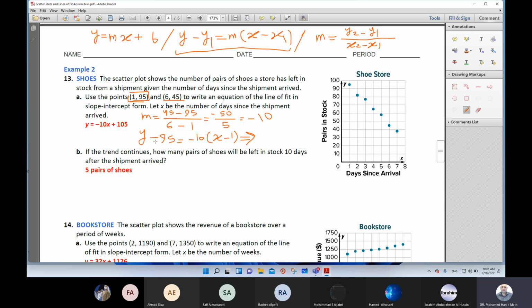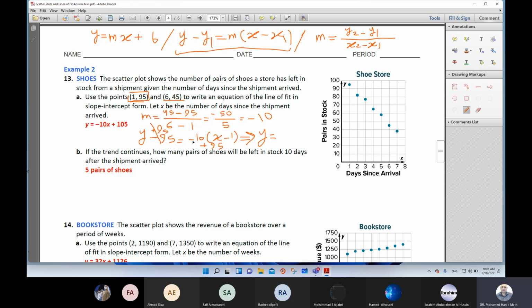So we want to remove negative 95 from this side to keep the variable alone. So we can add the inverse, add positive 95 to the two sides. Positive 95 and negative 95 will be 0, remains here y equal. We can use distributive property here.